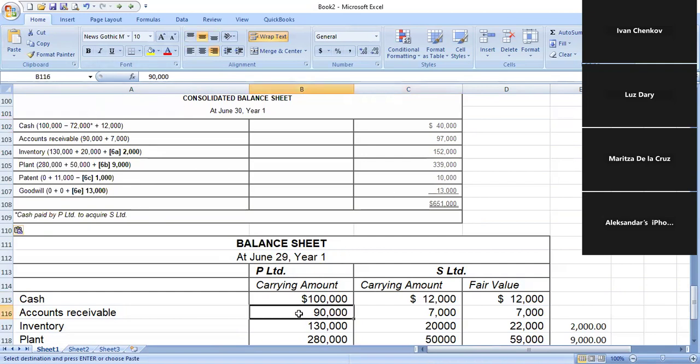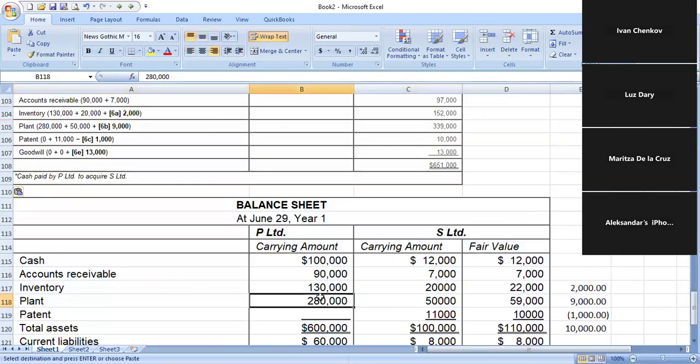Accounts receivable: my accounts receivable plus their accounts receivable is going to give me 97. Inventory: my inventory plus their inventory plus the increase in the inventory is going to give me 152. Plant: my plant plus their plant plus the increase in their plant, 9,000, is going to give me total plant.